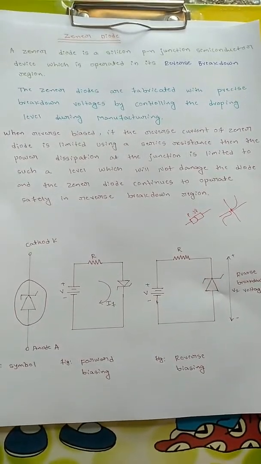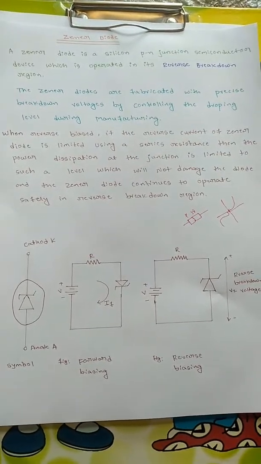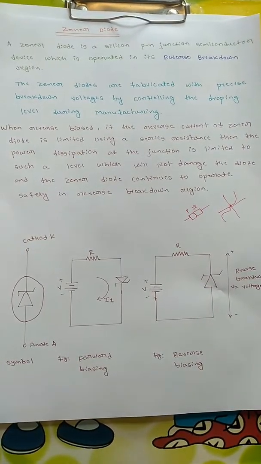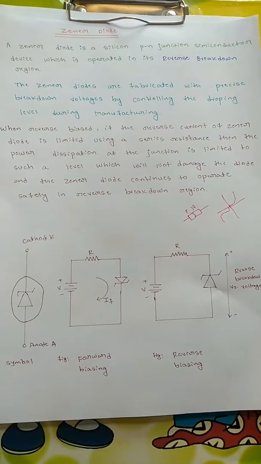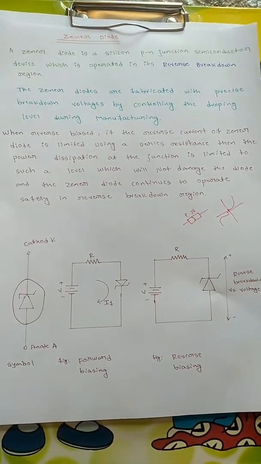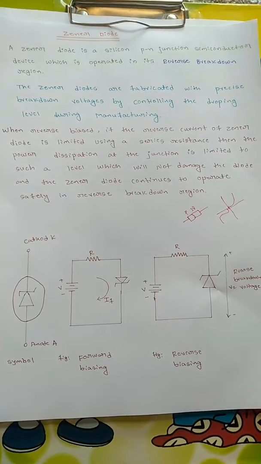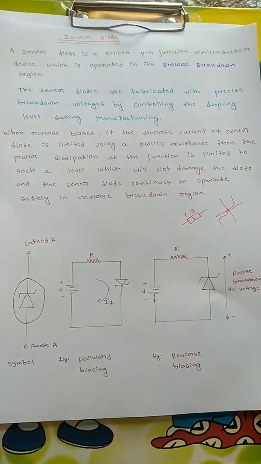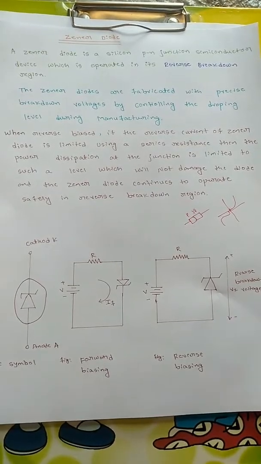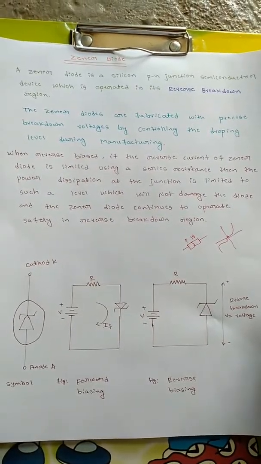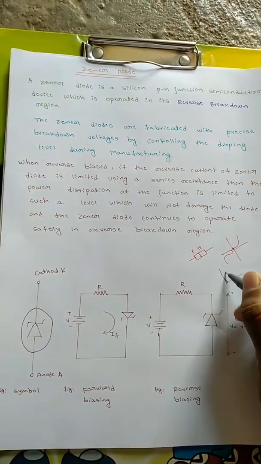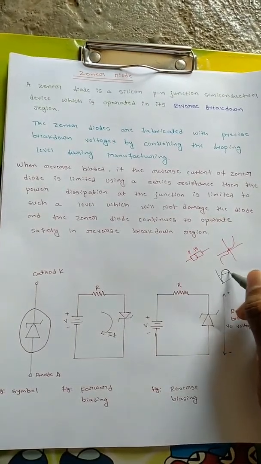In order to make the diode work in reverse condition, because we have a lot of applications which require the diode in reverse condition, like switching on and off immediately. Most diodes are used as switches in every circuit, so the major application of the diode is switching. The Zener diode is also used in clipper circuits. Suppose a waveform is coming like this, and we don't want that upper portion.